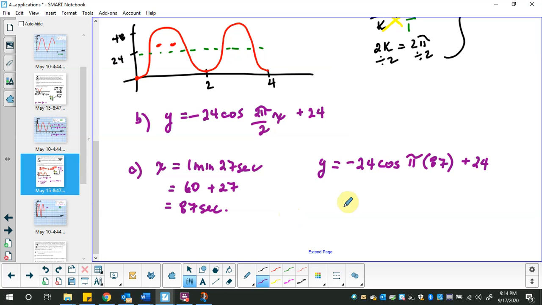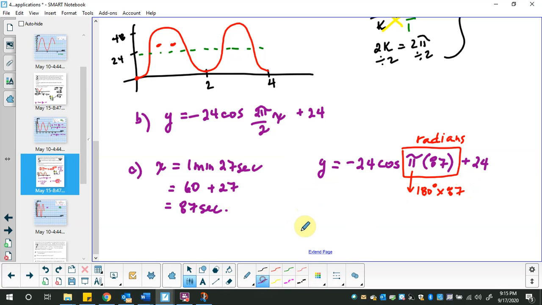If you want your calculator in radians, you can use this information right here. That's just fine in radians. But if you don't think in radians, you have to turn that into degrees. So if you turn this into degrees, you need to remember that pi is 180. So 180 times 87 is the number of degrees that you'll be using.